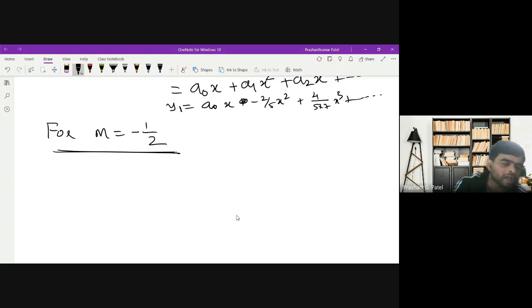We have already calculated the coefficients of x power m plus 1 and m plus 2 earlier. In that you have to substitute the value m equal to minus 1/2, where we substituted m equal to 1.